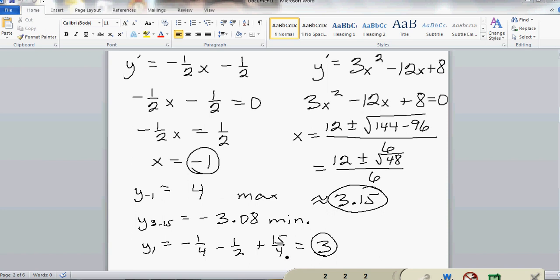Notice that that is not bigger than the max, and it's not smaller than the minimum. So really, it could have happened, but since it doesn't really fall into the category of being a maximum or a minimum, we know that the endpoint here is not a local maximum or a local minimum.